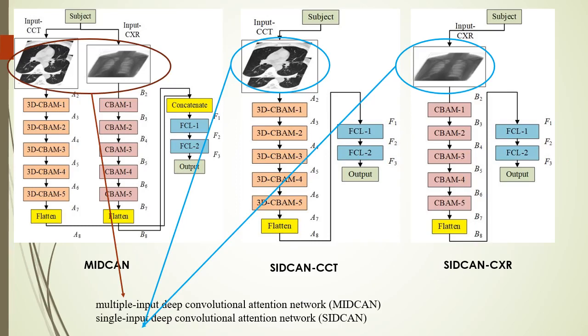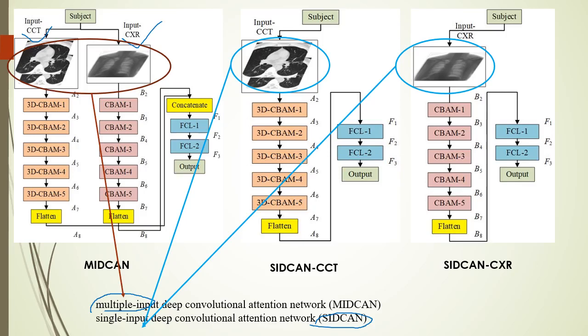On this slide, we define two models. The first model is what we call the multiple input deep convolutional attention network, abbreviated as the MIDCAN. And the opposite is the single input, which we will call the SIDCAN. So after fusion, we have the images from both the chest CT and the chest X-ray. Those two sources of images go through some layers, and those layers are flattened and concatenated together and sent to two fully connected layers.